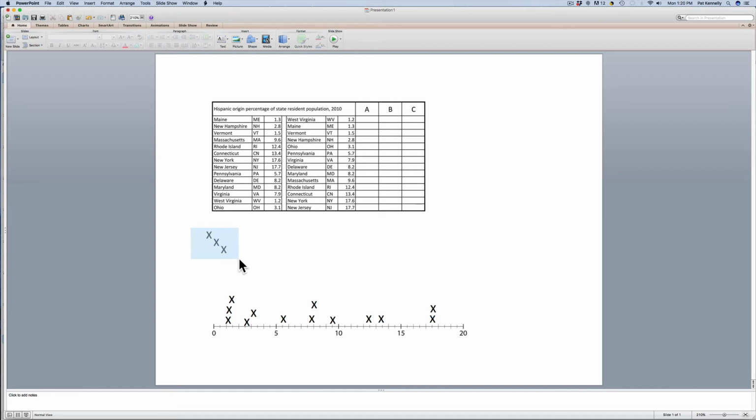And I'll get rid of all these extra ones. So this is the distribution if we just map it on a linear scale like this.